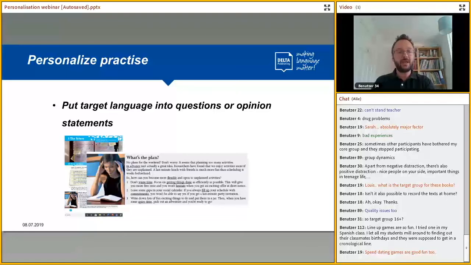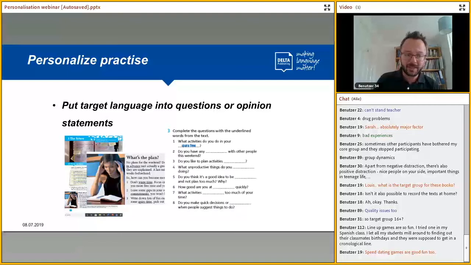So for example, here on this lesson on the futures of going to, the phrases we have underlined here, you can possibly just say waste time, hesitate, flexible, get things done in advance, fill up, commitment, etc. We've put these directly straight into questions that students complete after having read the text and done some comprehension on the text. They then put these words into questions that they can then ask and answer instantly.